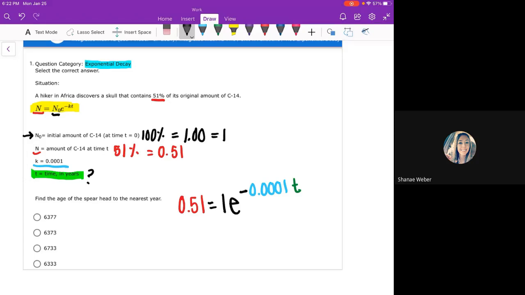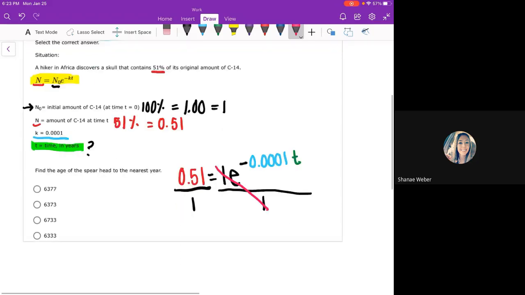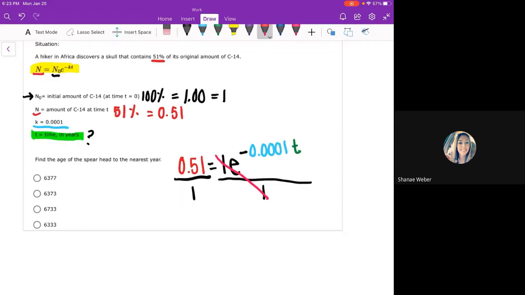So we first need to divide by whatever number is being multiplied by e. And in this case, it's 1. It seems a little silly to divide by 1, it's not a necessary step, but we're going to go ahead and do it anyway. So those cancel out, the ones. 0.51 divided by 1 is 0.51.